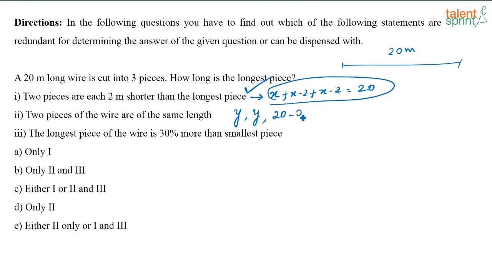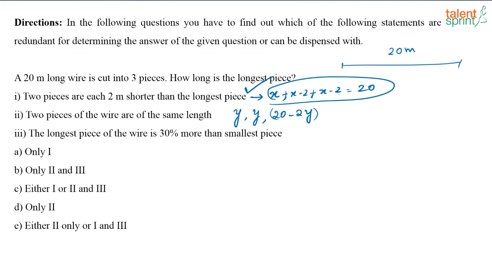It will be 20 minus 2y. y plus y is 2y, so total minus that is 20 minus 2y. That will be the length of the third piece. But using this information, the second statement alone, can I find out what the answer is? I cannot. I cannot find out the value of y or the value of 20 minus 2y. Basically, I cannot find out which is the longest piece. So using the second statement alone, I cannot get the answer.